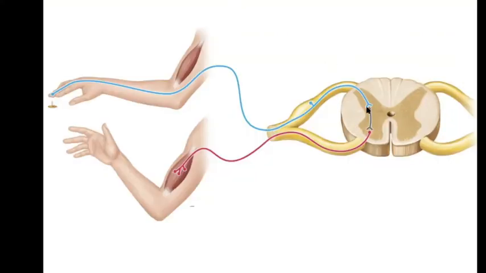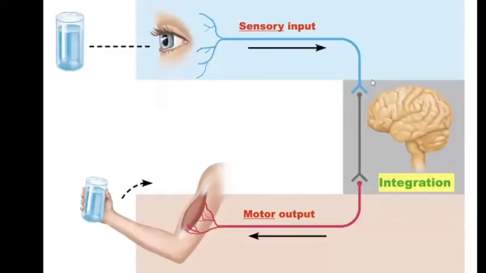So the truth is, it's pretty fast by itself, but we want to do something more than just lift our hand up. We want to put that in context, and we want to maybe tell other parts of your body what's going on with that pain right there, so that you can move your whole body and do things as an integrated whole. Right? So this picture right here wouldn't really be too reflective.